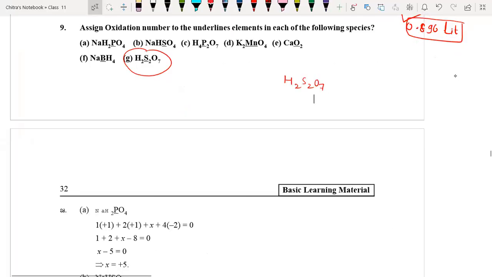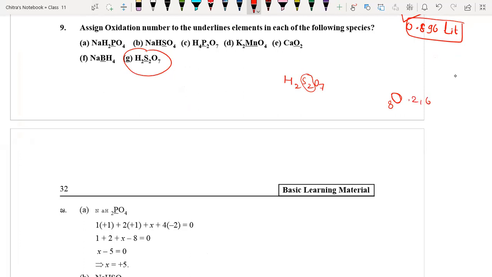For the given species, the underline is on sulfur, which means we have to calculate the oxidation state of sulfur. Always remember oxygen: its atomic number is 8, and its electronic configuration is 2 and 6.